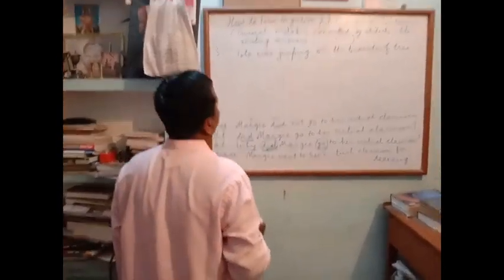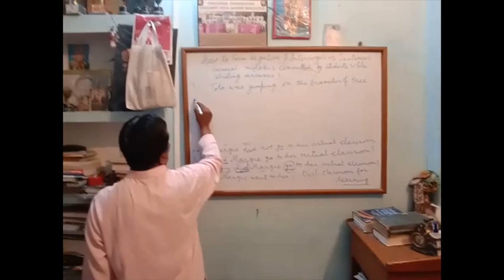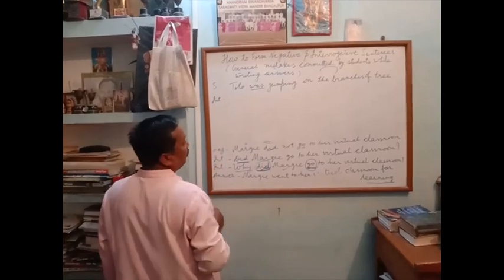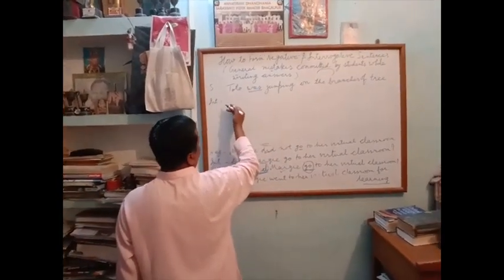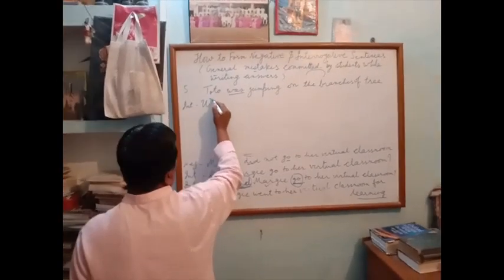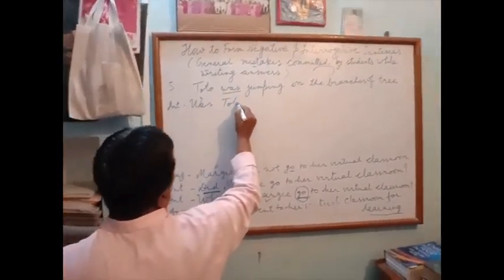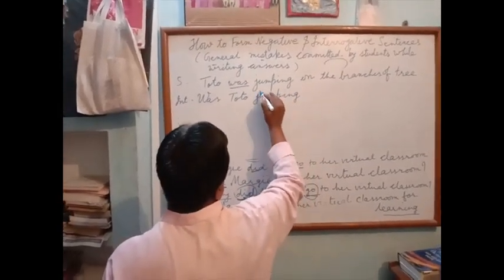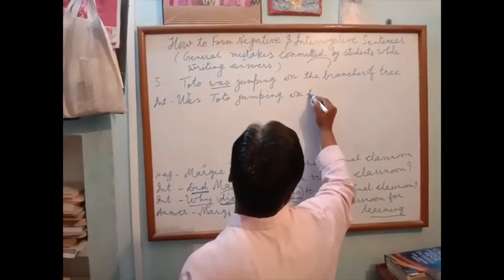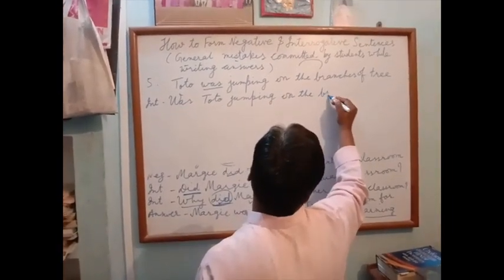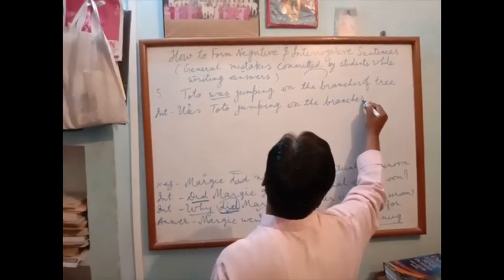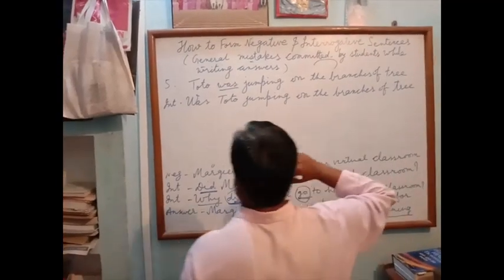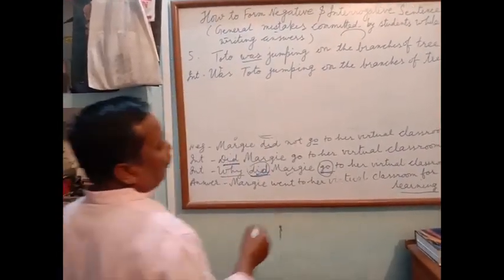Okay. Now interrogative. Here the helping verb is used first, before the subject. Was Toto jumping on the branches of tree? Interrogative question. Question mark.